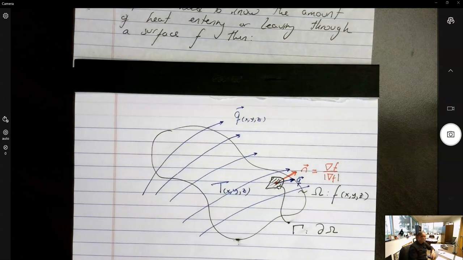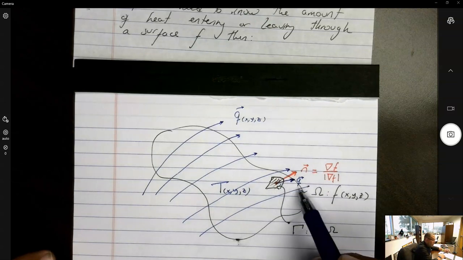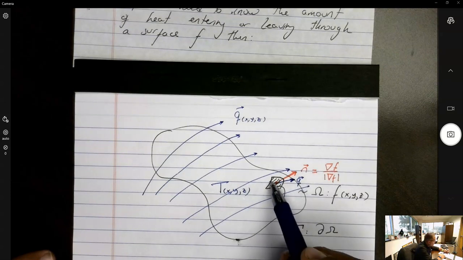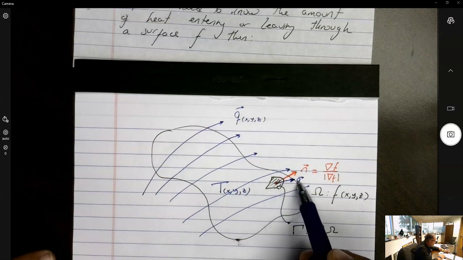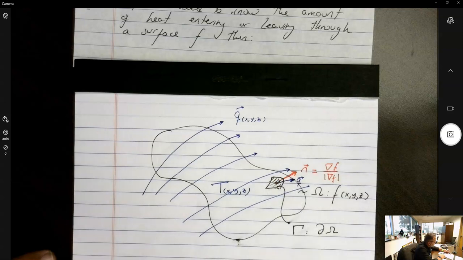Now, if we need to calculate the amount of energy leaving through this little window right here, well, we remember the heat flux vector is energy per unit time per unit area. All we need to do is multiply times the area, or integrate that heat flux over the area, but we also need to dot it into this normal vector. Okay, we need to actually calculate the projection of this flux line in the normal direction, because that's the actual effective quantity of the amount of energy leaving through this window every second.